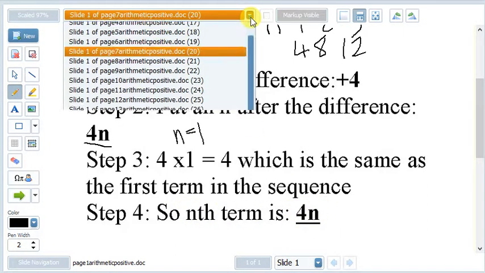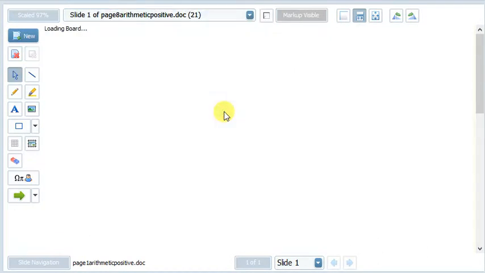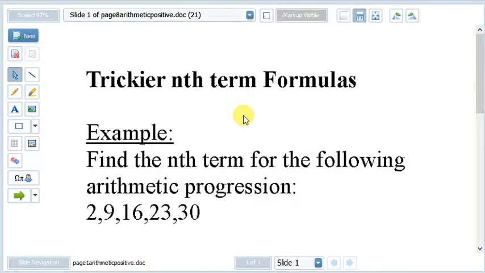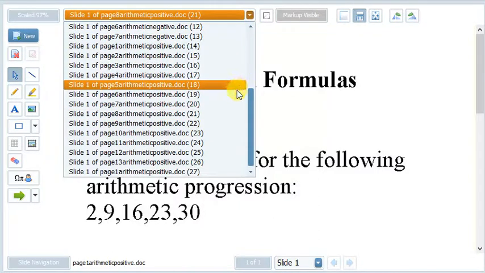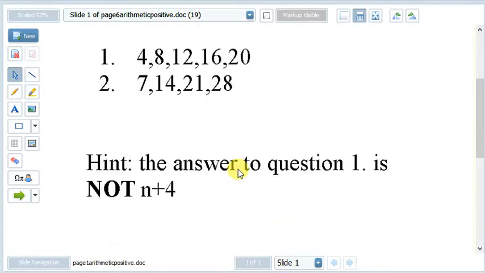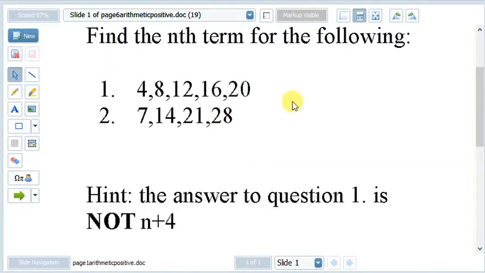Well done if you managed to get that correct. Let's move on to question 2. Question 2 was 7, 14, 21 and 28. I'm just going to work through this one. For question 2, we find the difference, which is plus 7.